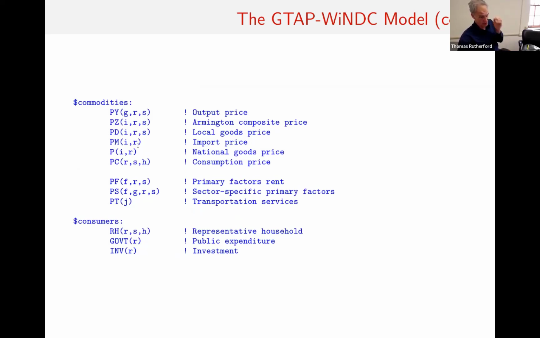We have 51 subregions and 5 households, and in all other regions in the data set, we have just 1 subregion and 1 household. Then there are factor prices. All mobile factors have a composite price, and then sector-specific primary factors are the ones that have a sluggish allocation. And then we have transportation services, again no different from the original GTAP model. Representative households, government, and investment are distinguished as separate consumers.